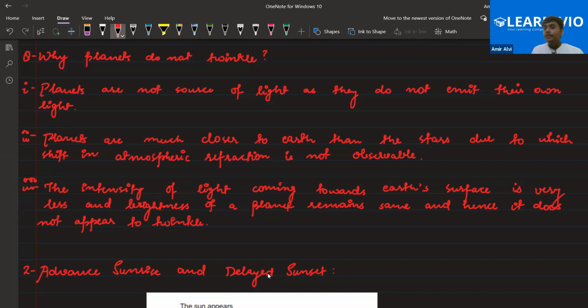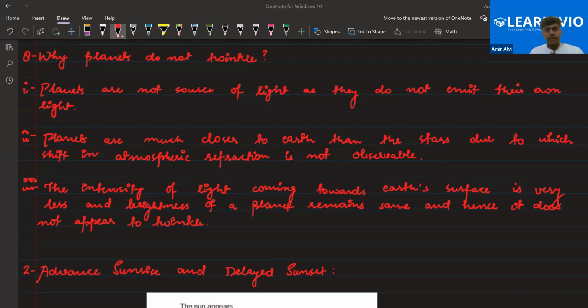Sir, for atmospheric refraction, I think it's something with its name. One second. It's the refractometer, I think. I didn't get your word, Aisha. No, the refractometer to measure the atmospheric refraction.